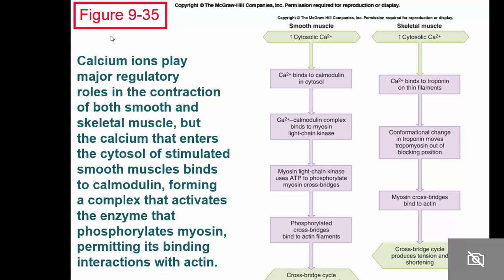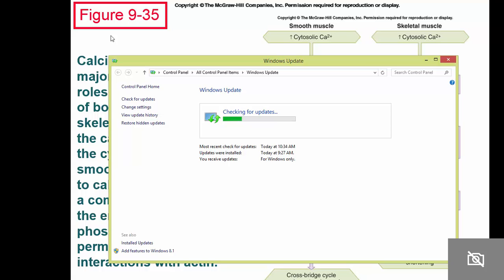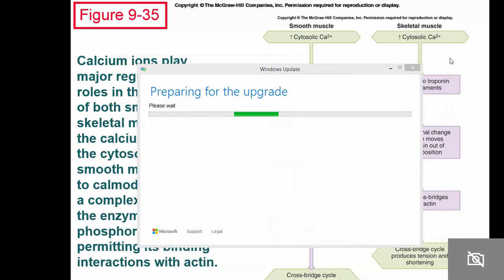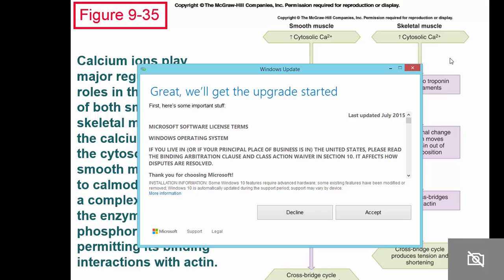In skeletal muscle, as soon as the tropomyosin comes off of the actin, what happens? Cross bridge, boom. In smooth muscle, it doesn't, unless the head has been phosphorylated by the calcium-calmodulin complex.